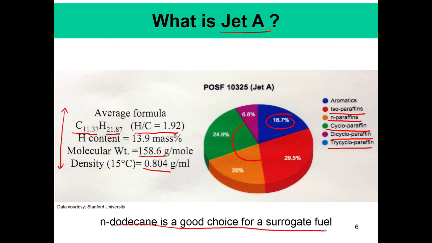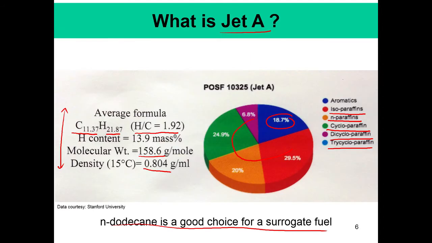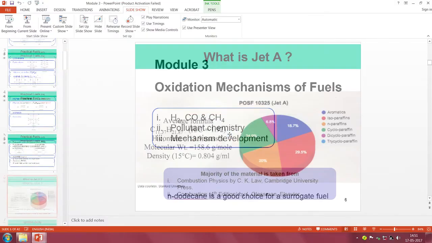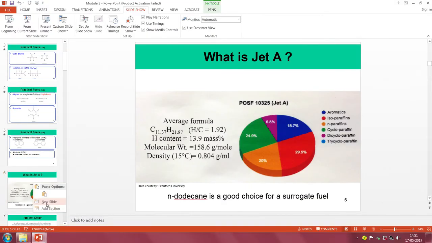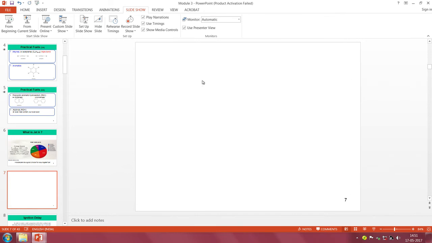Okay. Now, why are we talking about this? We will just discuss something here. Now, how do you characterize these fuel properties? One important property of fuels is basically what is its ignition delay. What is ignition delay?